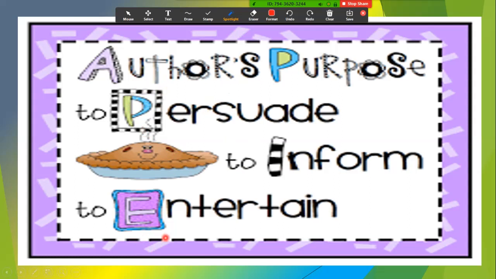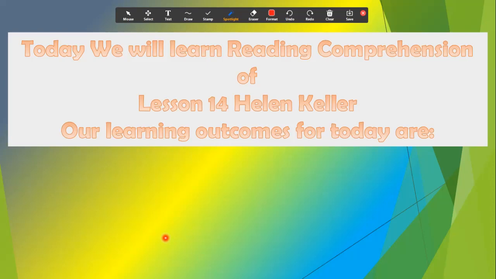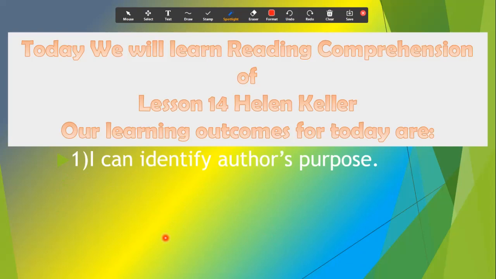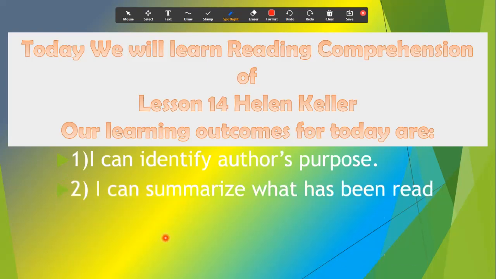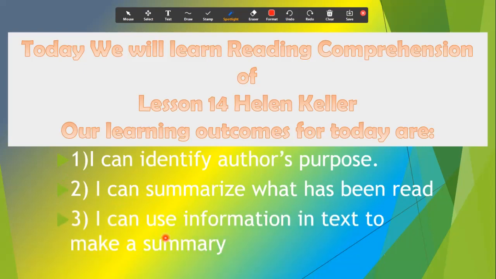As I told you before, we have learned two things from our story: one for the author's purpose and the other for the summary. Today, our learning outcomes are: I can identify author's purpose. I can summarize what has been read. I can use information in text to make a summary.